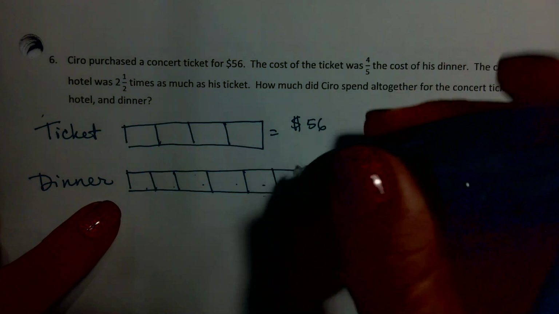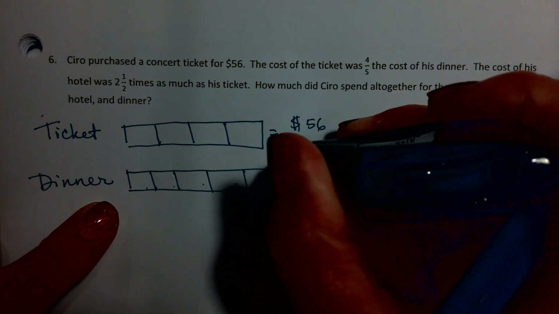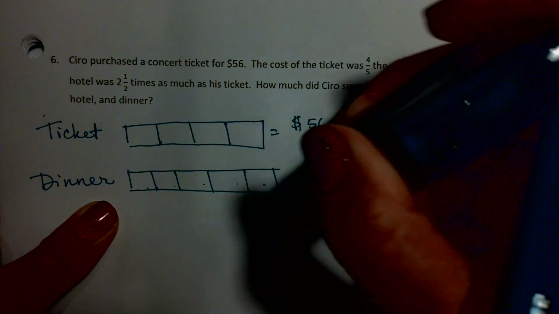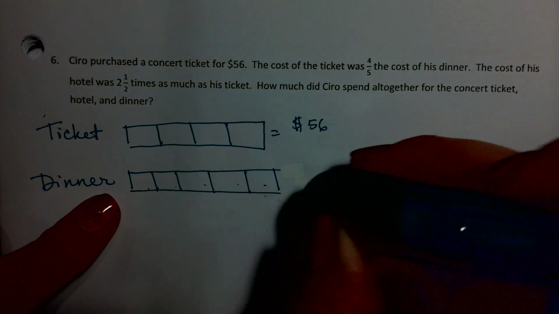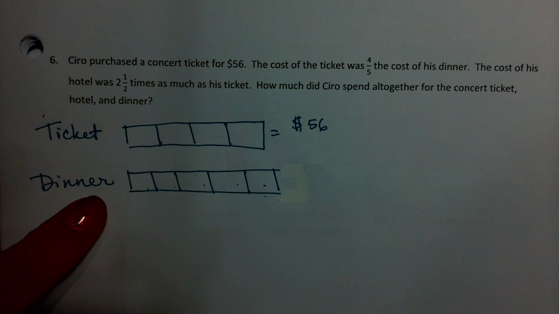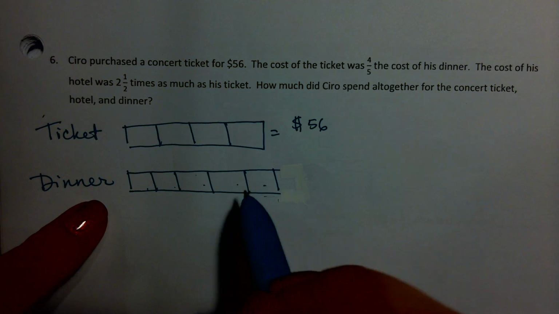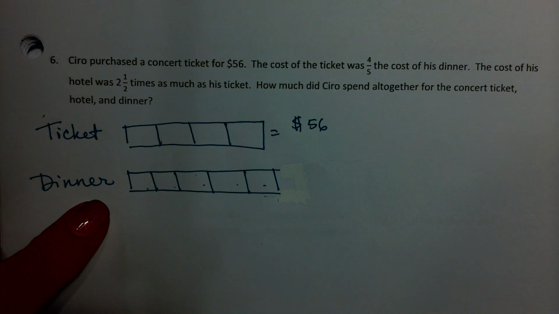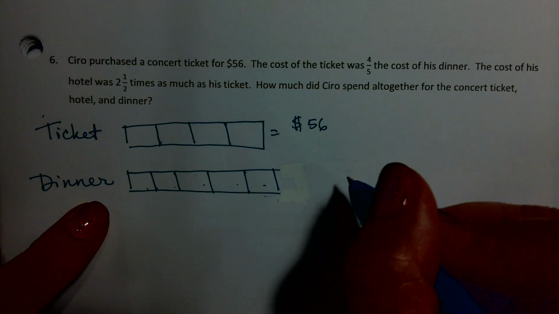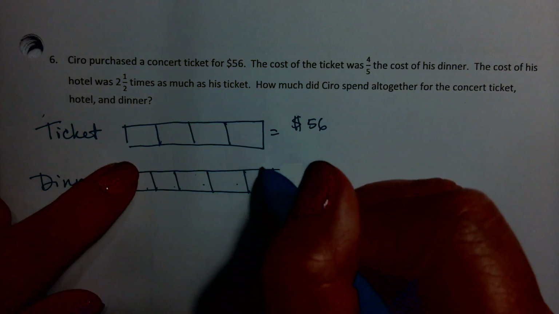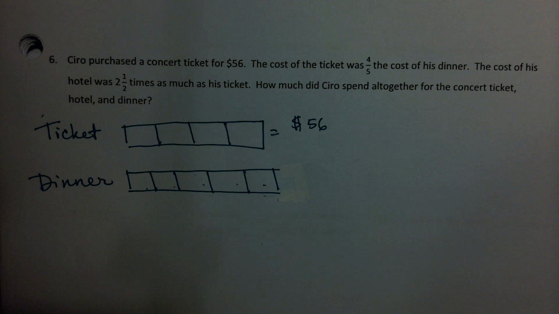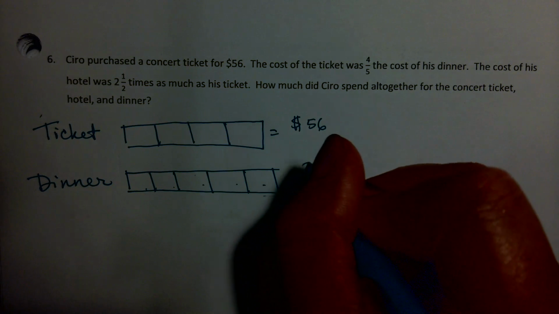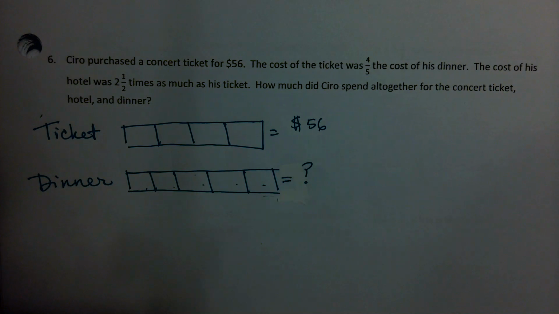Let's get rid of one of these. It should be bigger, and I'm sorry I didn't divide it up quite nicely. So the ticket fits inside the dinner, right? Because it's only 4/5 as much as dinner. We need to find the price of that dinner.